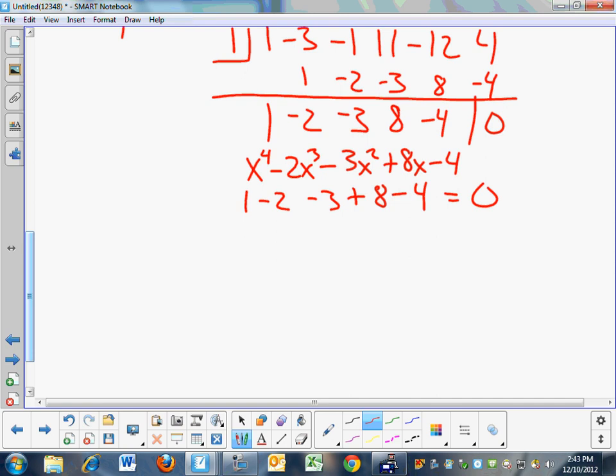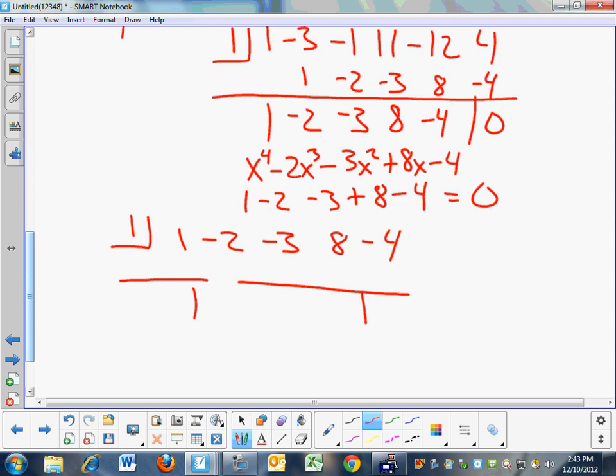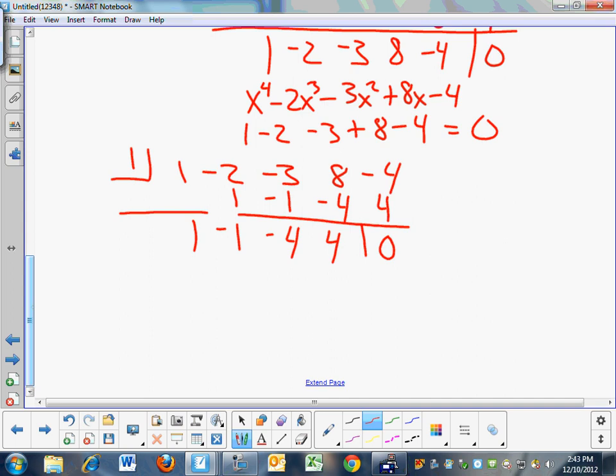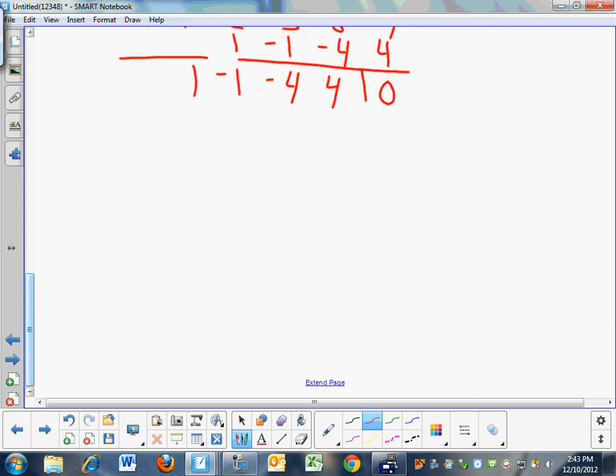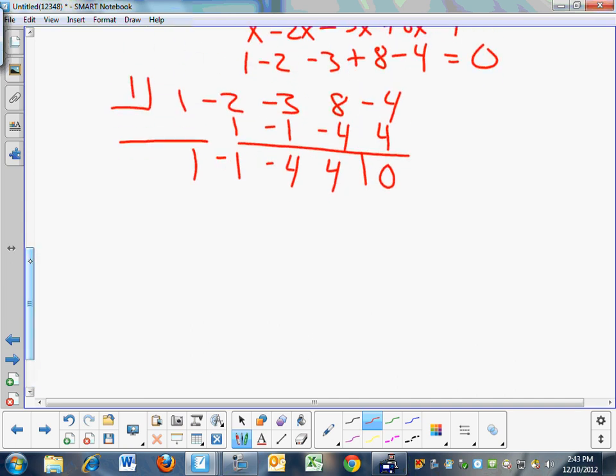So let's divide 1 into that again. Drop the 1, multiply. Your resulting polynomial.